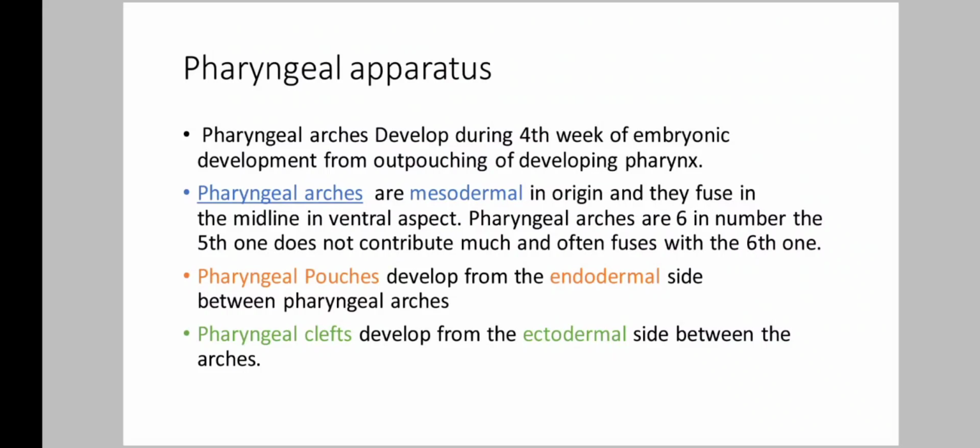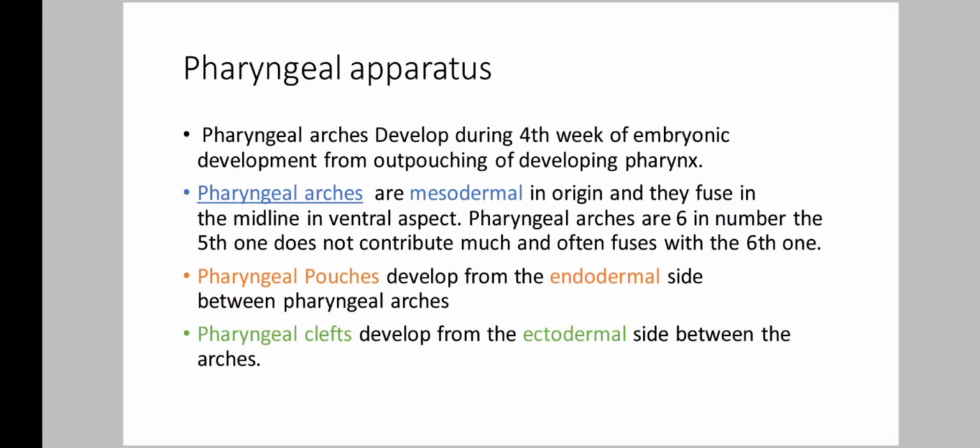And these pharyngeal arches fuse in the midline in the ventral aspect. There are 6 arches in number, but the 5th one doesn't contribute much, and it often fuses with the 6th one. Then there are 2 sides of a pharyngeal arch.